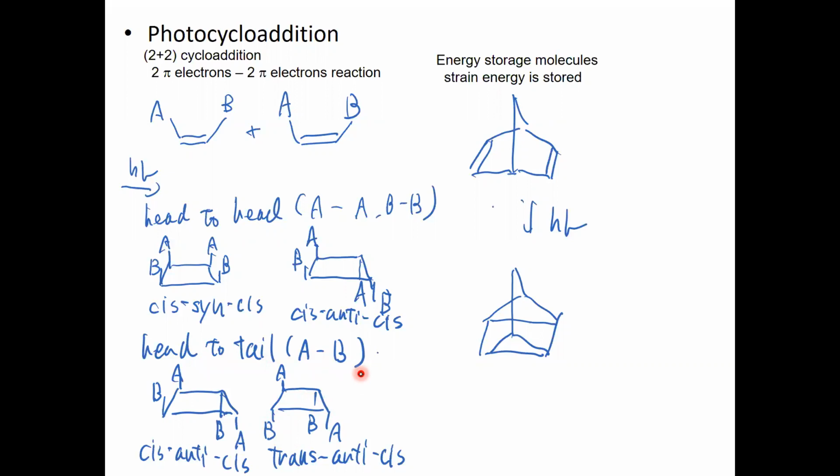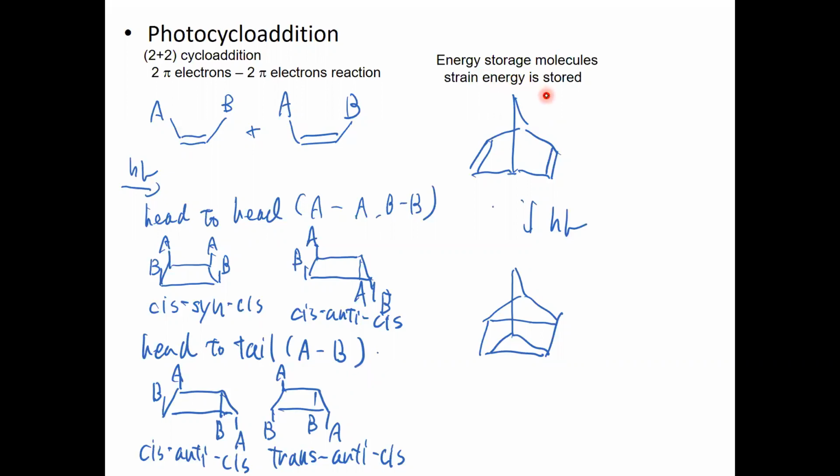So there are so many geometrical isomers here. And this kind of cyclic isomer reaction is regarded as one of the promising energy storage approaches, because the light energy is stored in the chemical structure, in a sense.